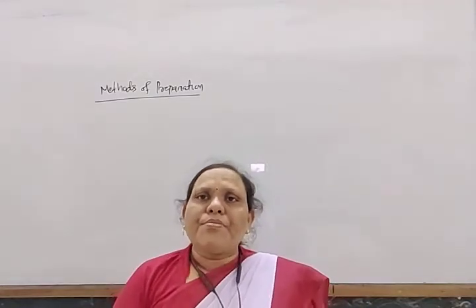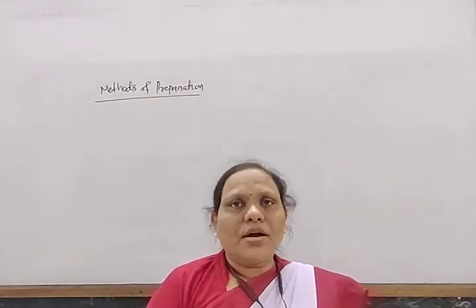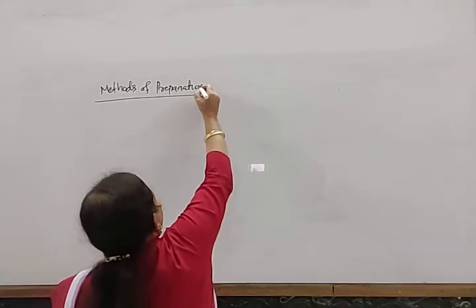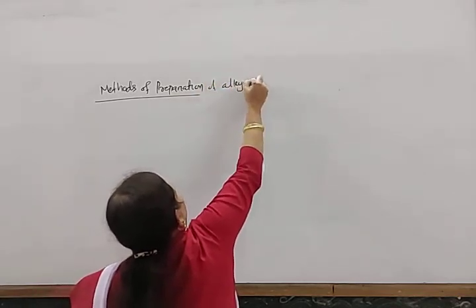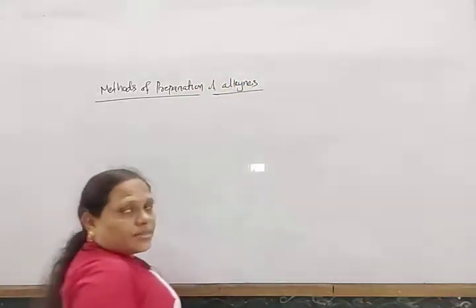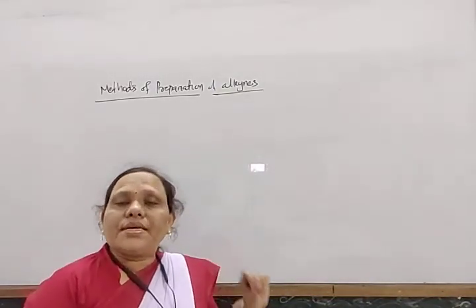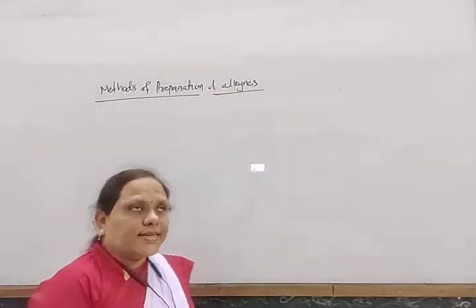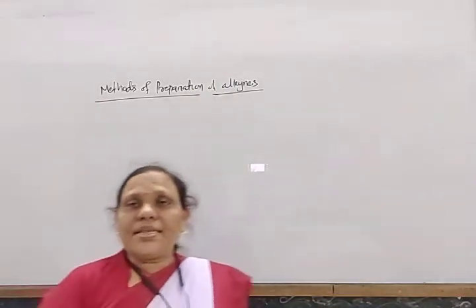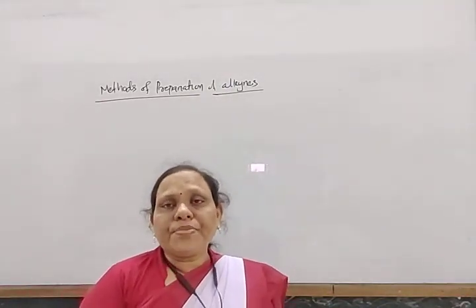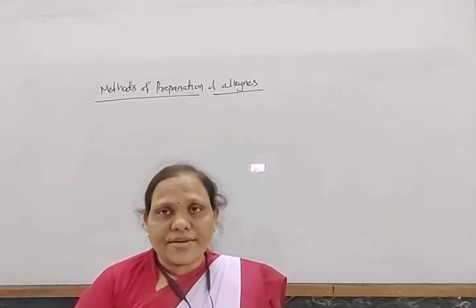Next, come to methods of preparation of alkynes, with special reference to the preparation of acetylene. The first member of the family, acetylene, is prepared from calcium carbide.